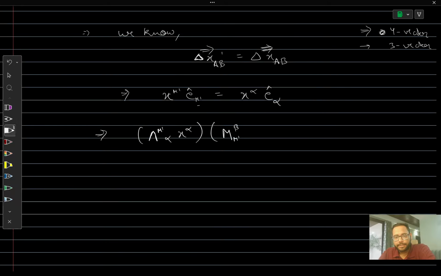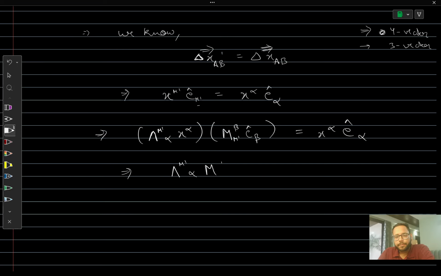You just go back and check. So this can be written as beta and this. Okay, the dummy indices are summed over. Let's write it like this one.